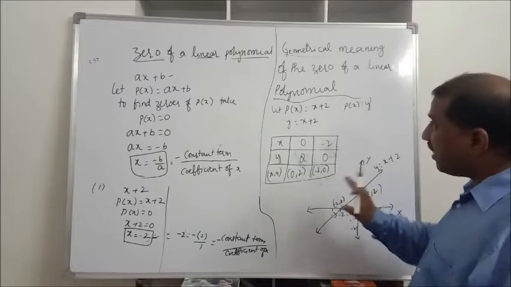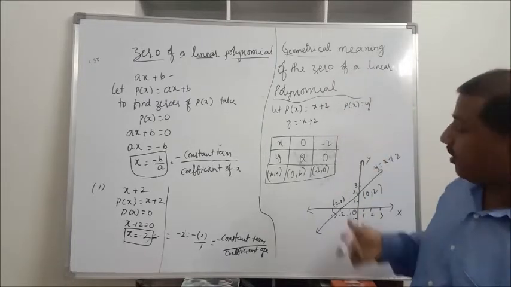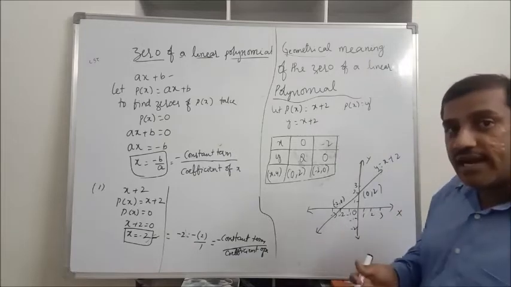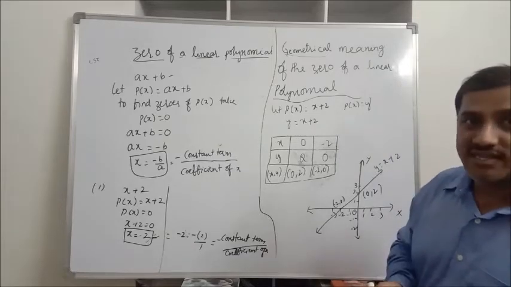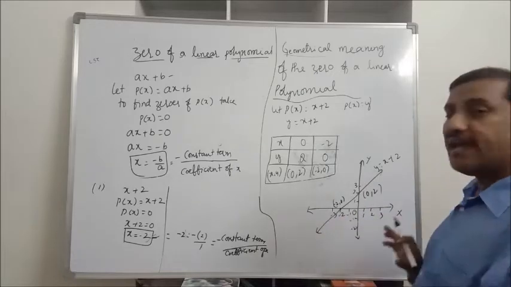So what can we conclude? The geometrical meaning of the zero of a linear polynomial, or any polynomial, is the x coordinate of the point of intersection of the graph of the polynomial with the x-axis.